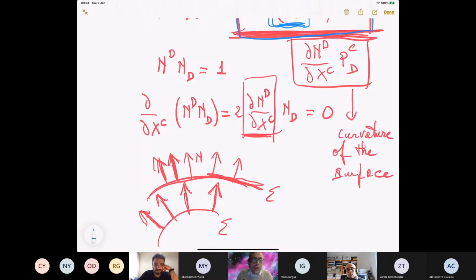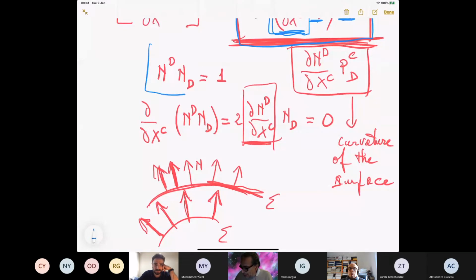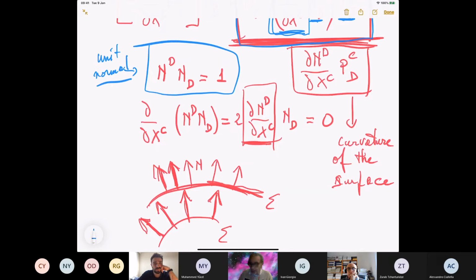It is what is called curvature of the surface. Okay? Think about this equality. If you have n_d n_d equal 1, this is the definition of unit normal. Okay? The normal has length 1.